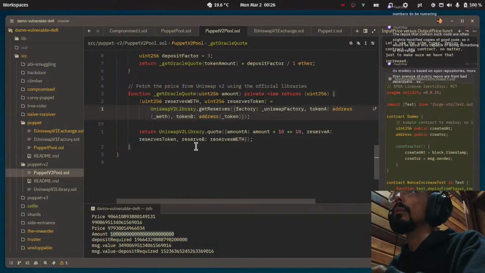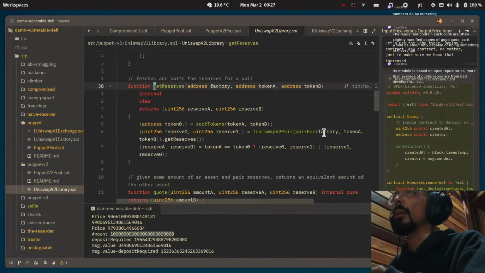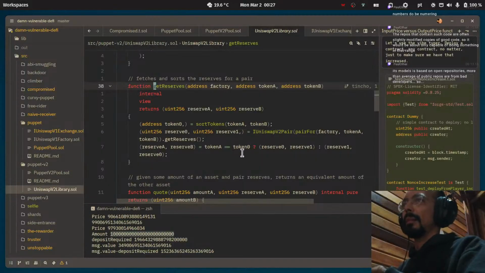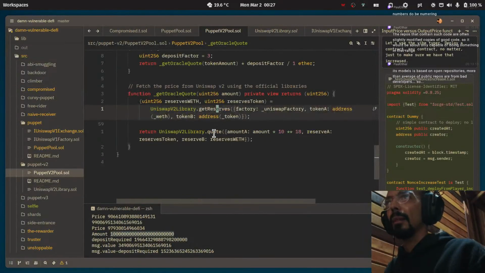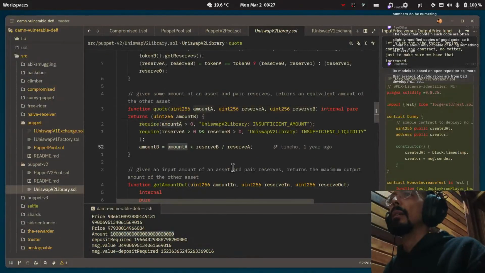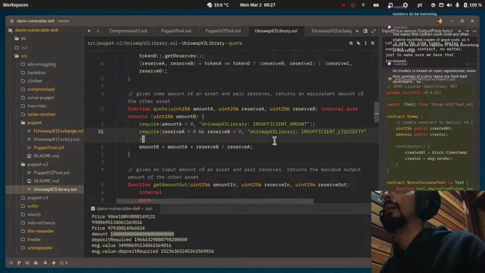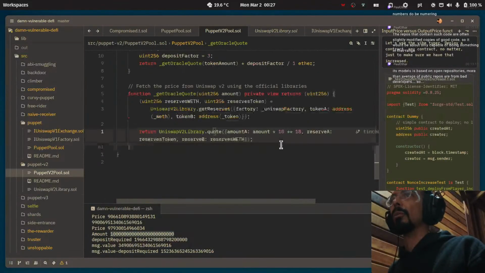Wait, but they don't. That is not the same formula. Let's see the quotes. That's the same formula. Right? It's the same formula. So the attack should be the same.